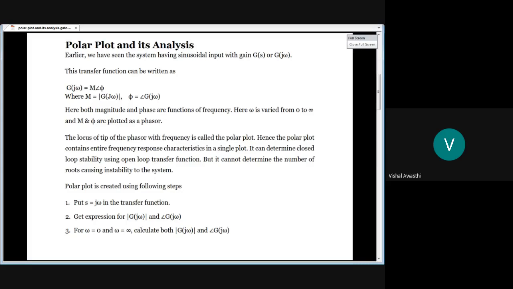Similarly, do the same thing for your phase. Find the phase, and when you have the transfer function in real and imaginary parts, then the angle is just tan inverse of imaginary upon real. So you can easily get the value of phase.